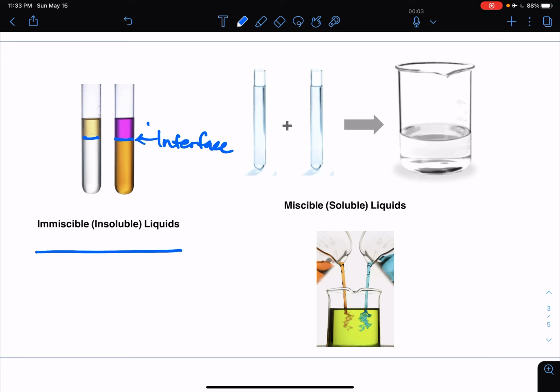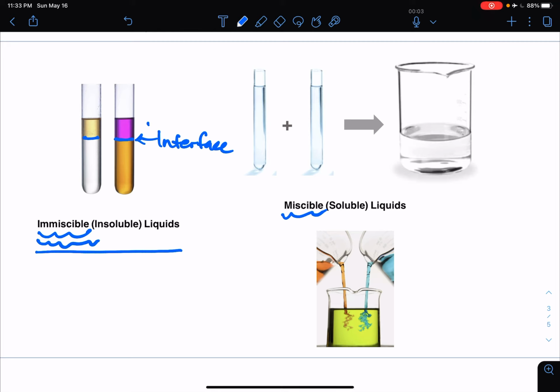Or we can just say they dissolve in each other, or we can get fancy about it and we can say that they are miscible or immiscible. Okay, so if your liquids do not dissolve in each other, if they're insoluble in each other, we call that immiscible.